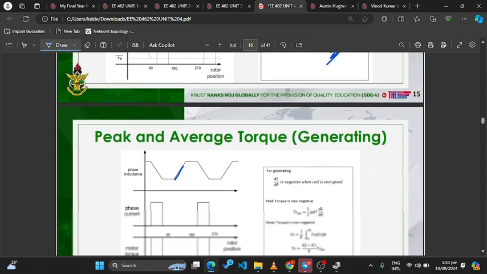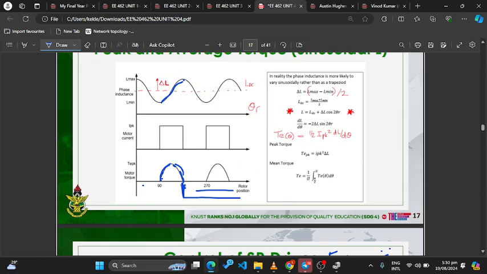Is that okay? Even in the sinusoidal one, where you have the maximum torque, you have the maximum torque occurring at the maximum speed. So in a way, even over here, the peak current still determines your maximum torque.